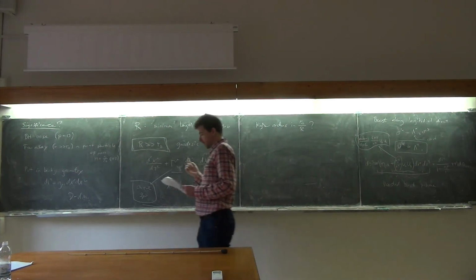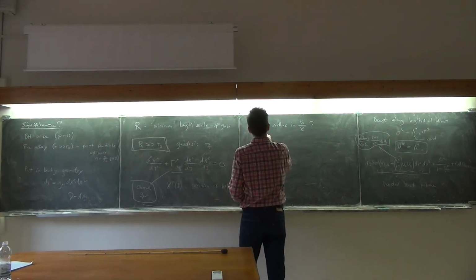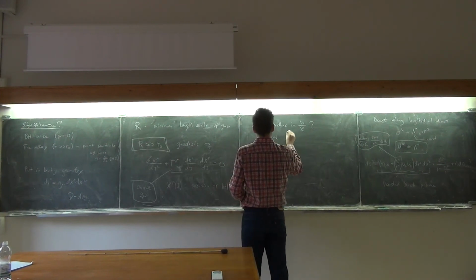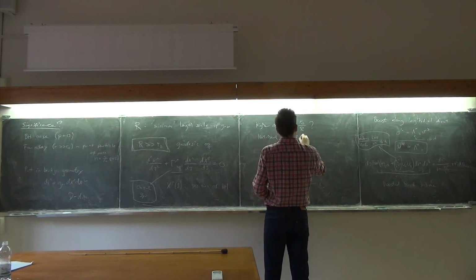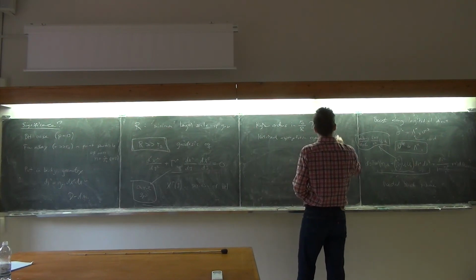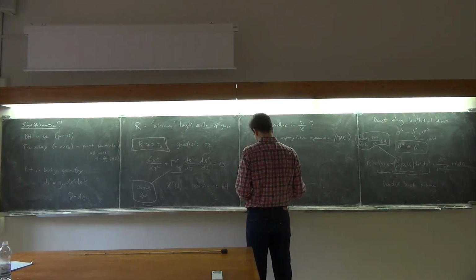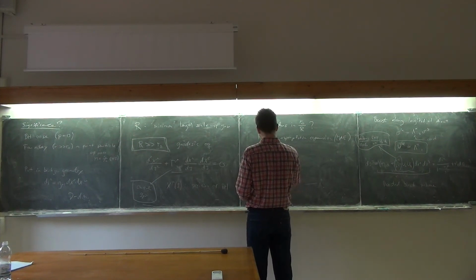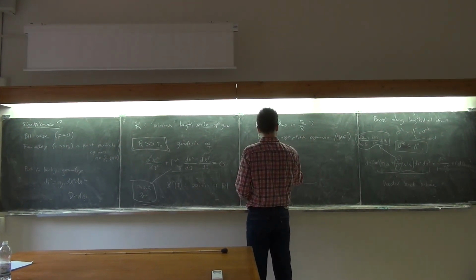So, how should we do this? This is something called the matched asymptotic expansion technique, or MAE in short. So what one does is you first take into account how the black hole influences the background.